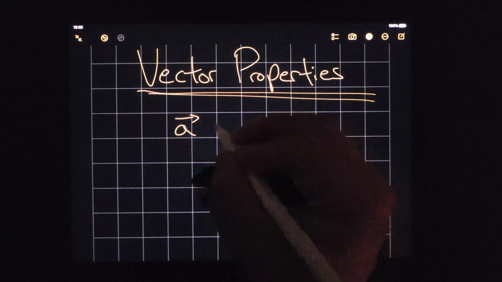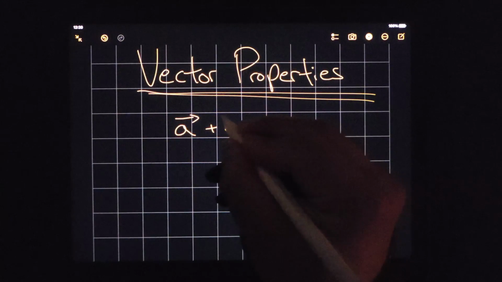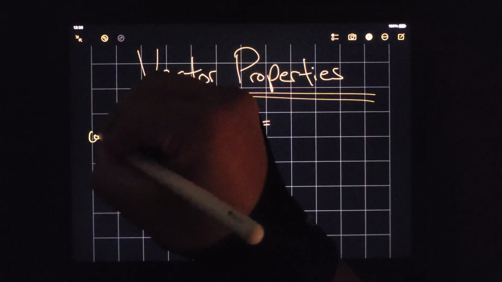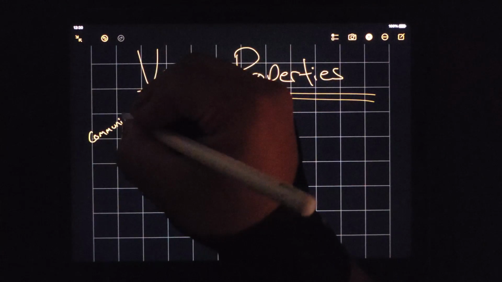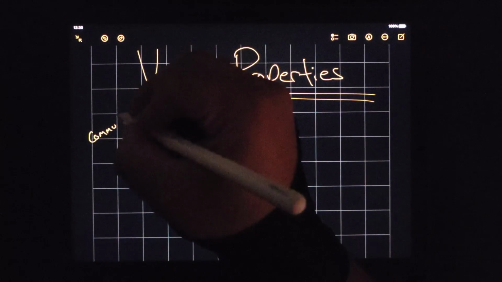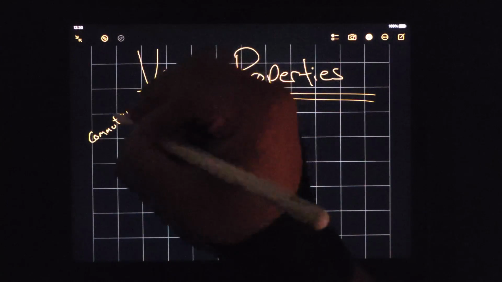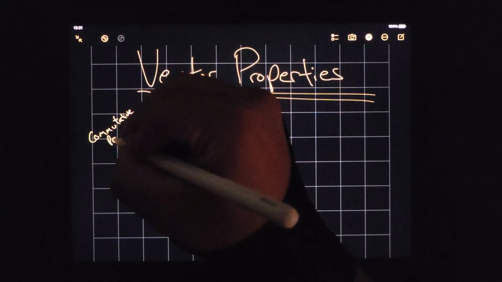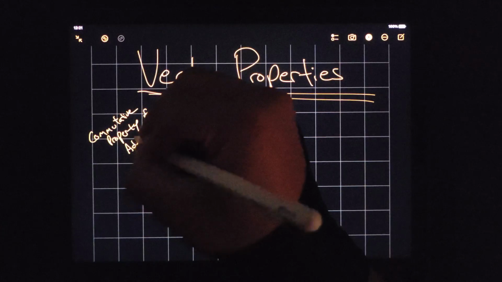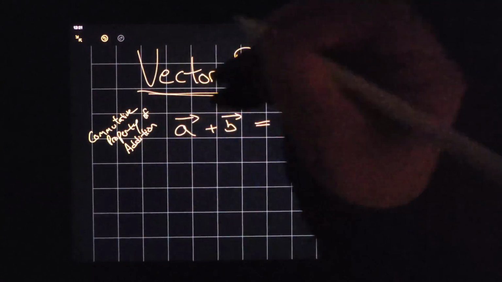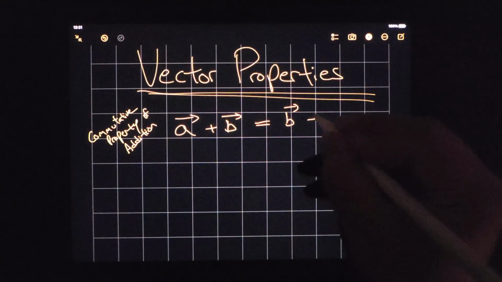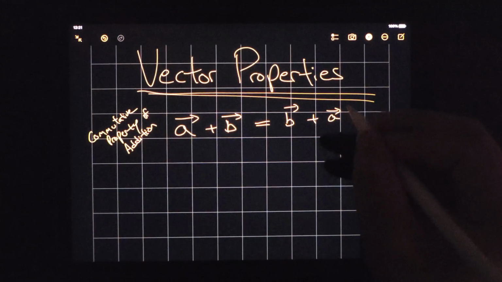So let's say you have vector A and you have a vector B. This is called the commutative property of addition, which basically states if you have a vector a plus b, this can also be written as b plus a.